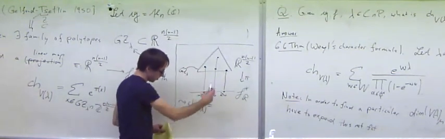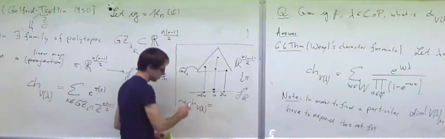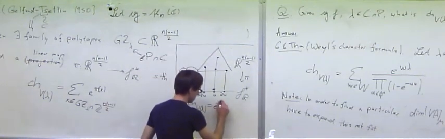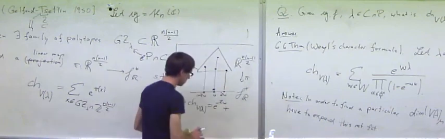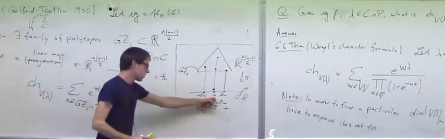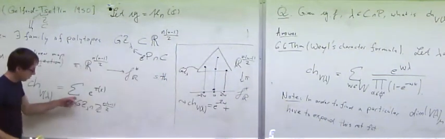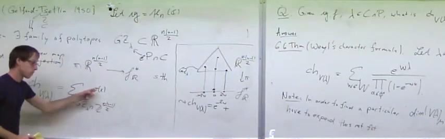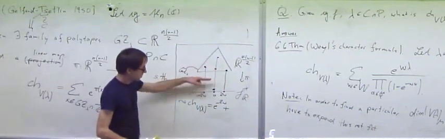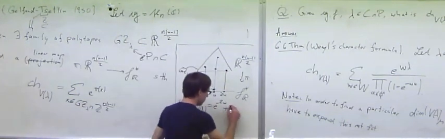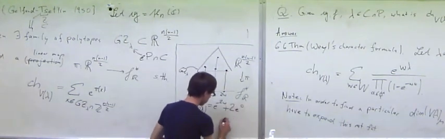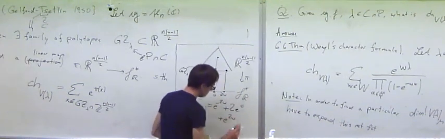But how would we interpret this? The character is just e to the minus 2 omega plus e to the 0 summands. There are 2. I have to sum up all e to the value of the projection, as these points are both sent to 0. This would be 2 e to the 0 plus e to the 2 omega.